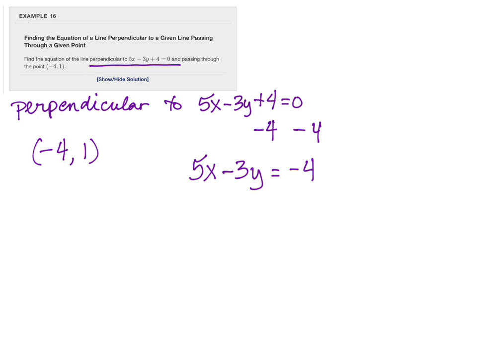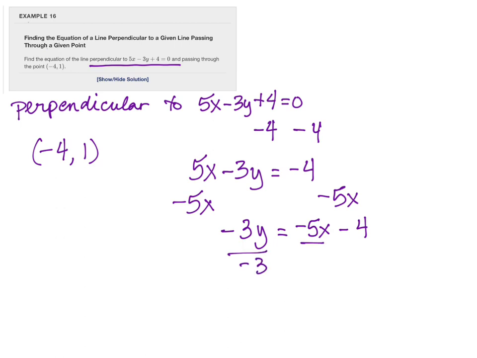Then what would you do? Minus 5x, move x. So -3y equals, what do I want to write first? -5x minus 4. And then? Divide everything by -3.